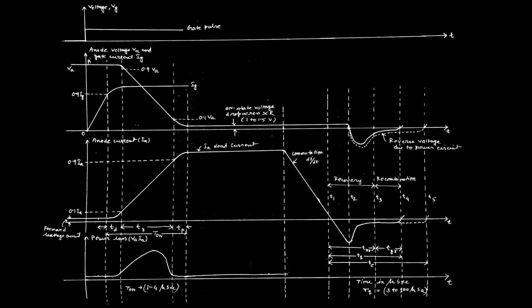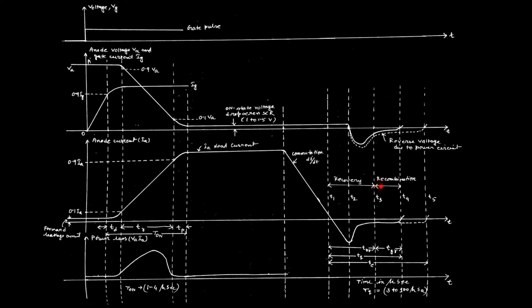For the time duration T3 to T4, due to the recombination technique, the junction J2 regains its depletion layer. That is why this time is called recombination time. As this is connected to the gate terminal, we can say this is the gate recovery time also.